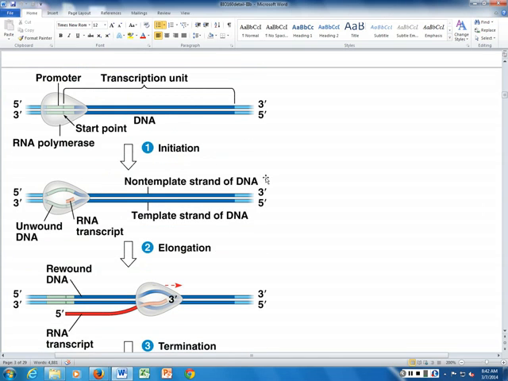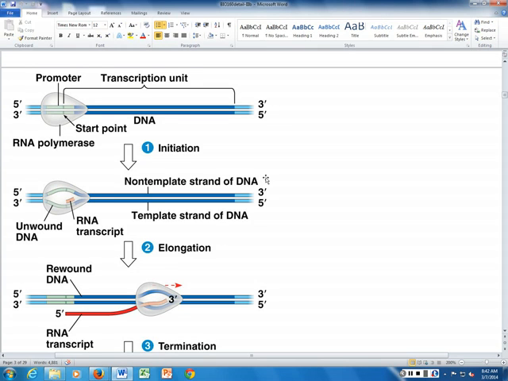So you've got your transcription unit here, and your promoter, your RNA polymerase on there. When it's initiated, you've got the strand unwound a little bit, and you're going to start this RNA transcript.